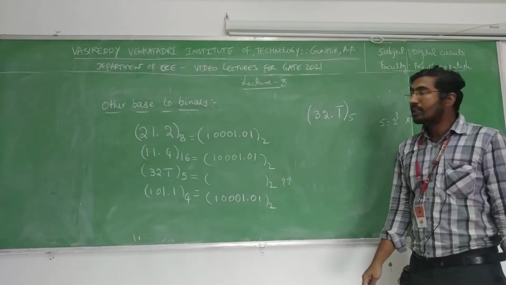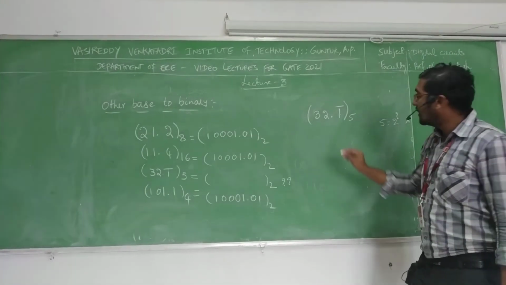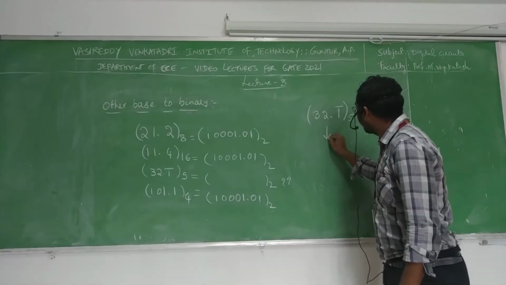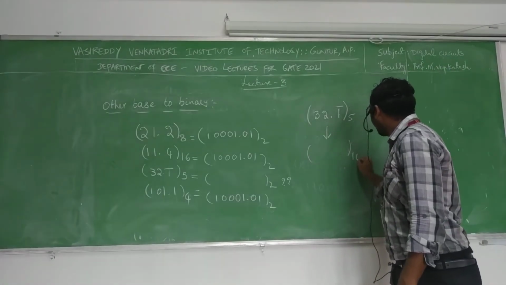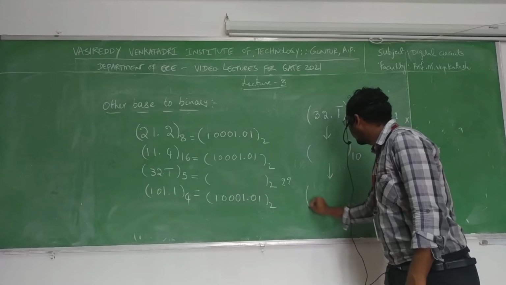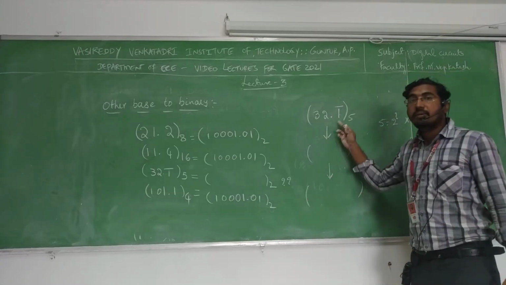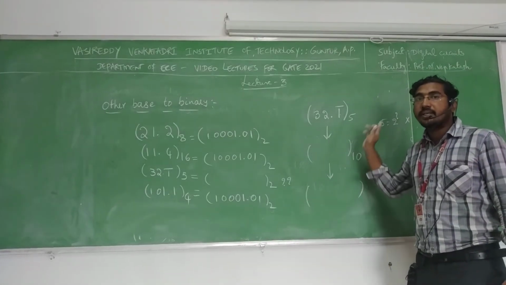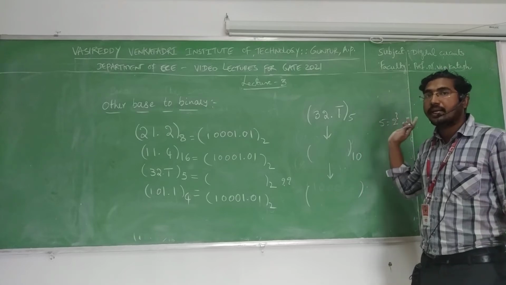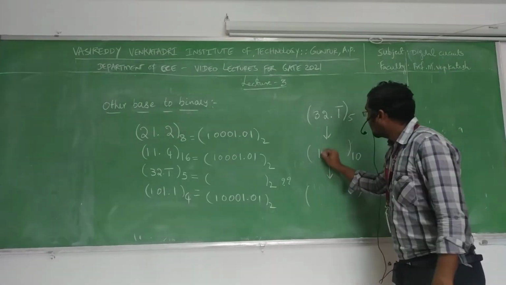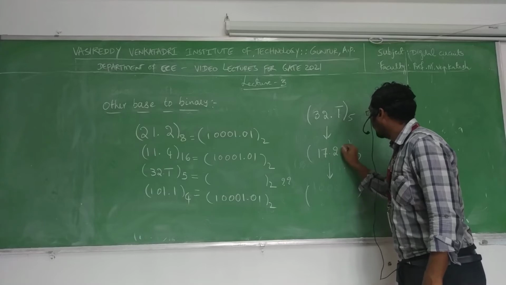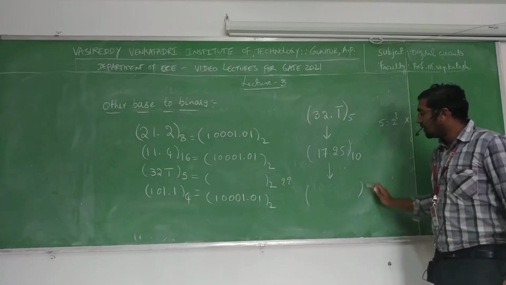What we have to do is, we have to take the help of decimal. It means first of all it has to be converted into decimal, then from decimal to binary. So how to convert other base to decimal? This we covered in the first lecture. You can check that one. So we got the answer is 17.25.